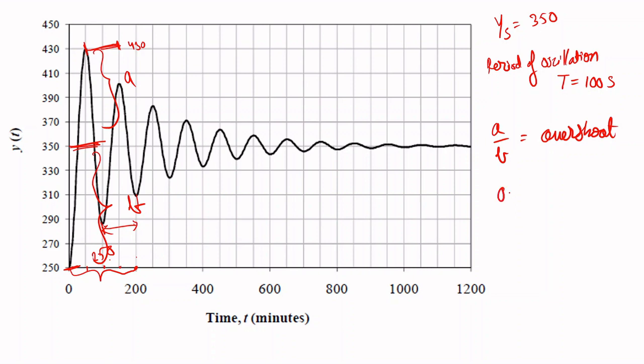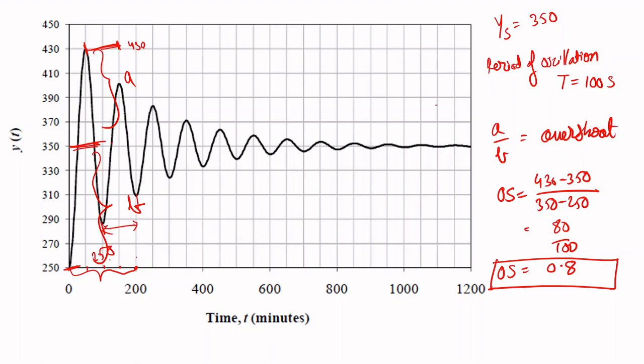So overshoot, let's call it OS, will be A upon B. So here A is 430 minus 350 upon 350 minus 250. So this will become 80 upon 100. That is overshoot, we will get it as 0.8.